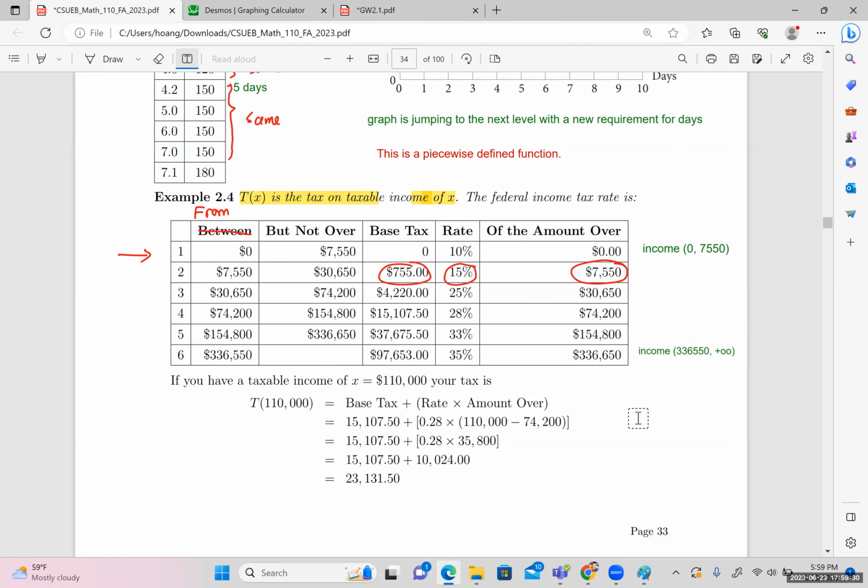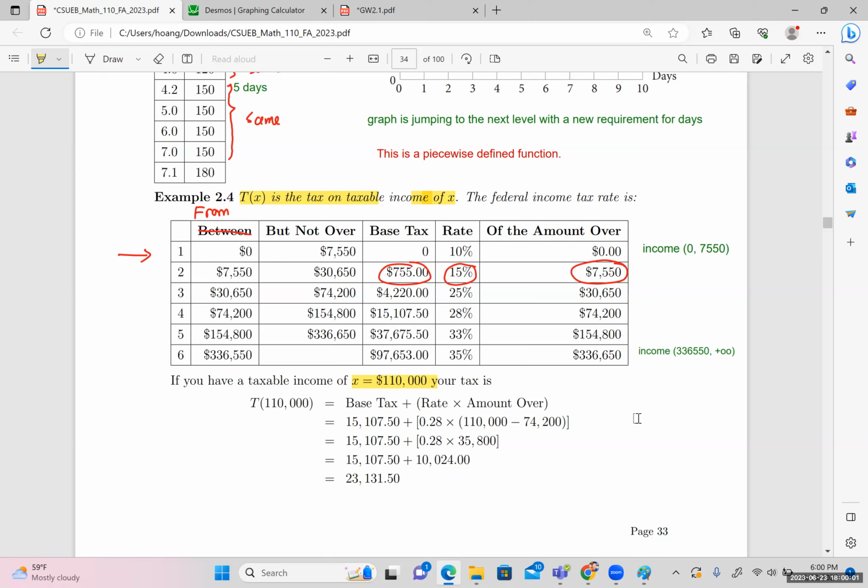Okay, so let's try to find the way to calculate how much you have to pay for the tax. Let's say you made 110,000. How can you find the tax?